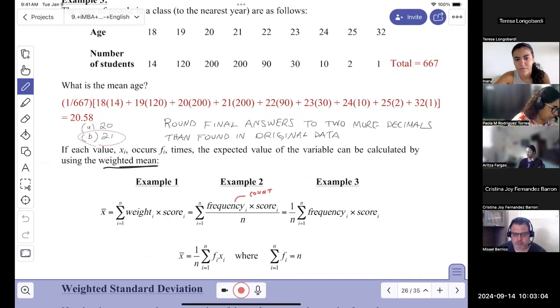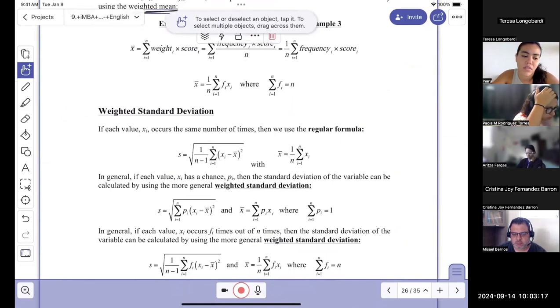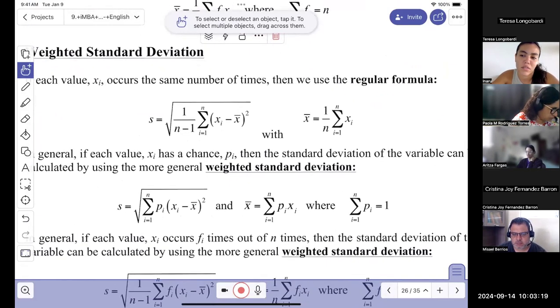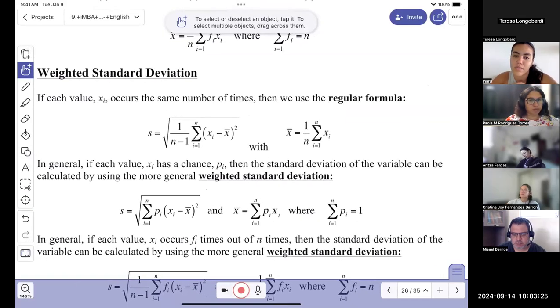All right. Now this brings us to the weighted standard deviation. If there's a weighted mean, there needs to be a weighted standard deviation. I introduced that here, and you shouldn't be intimidated by it. It's not a big deal, but it does look intimidating.